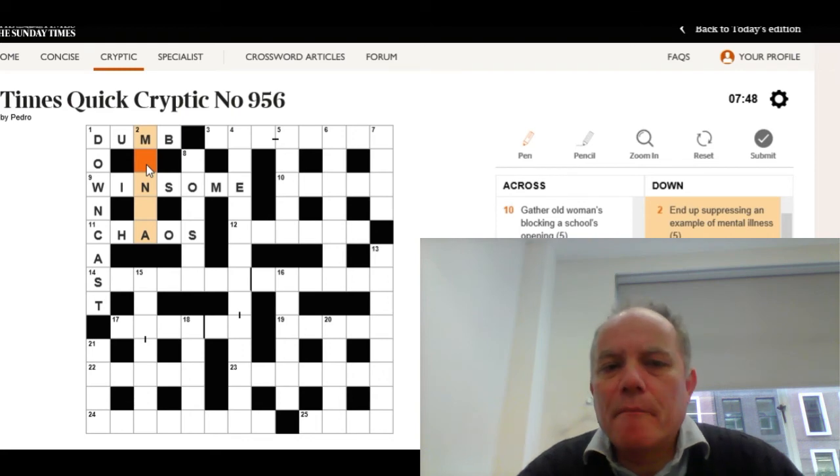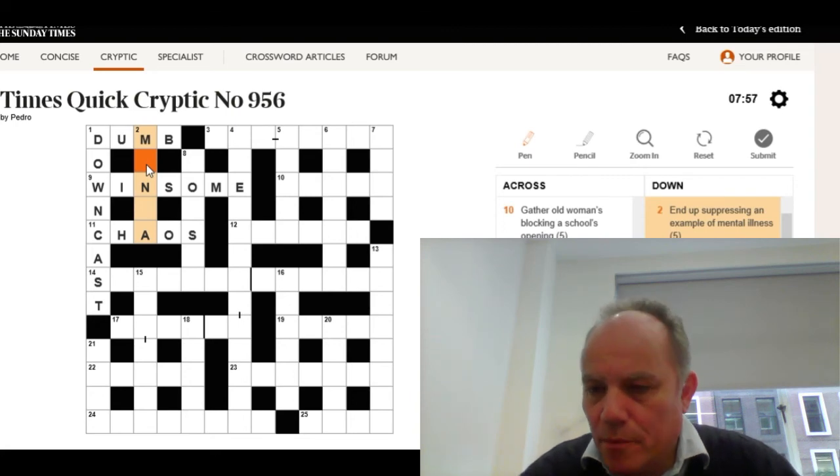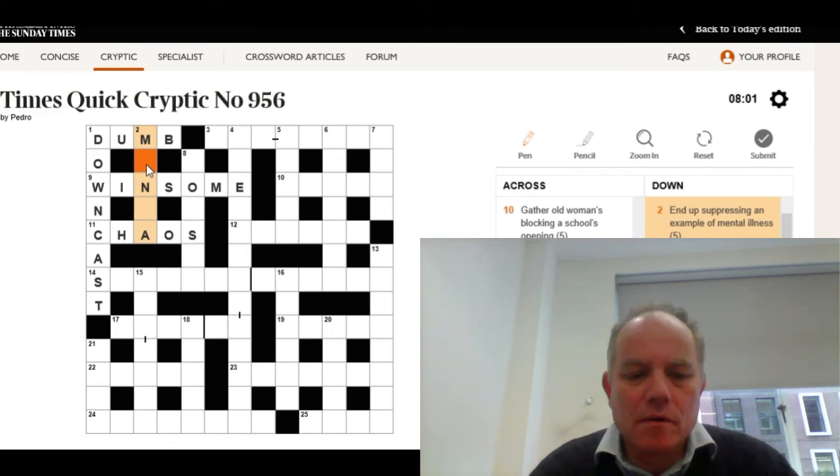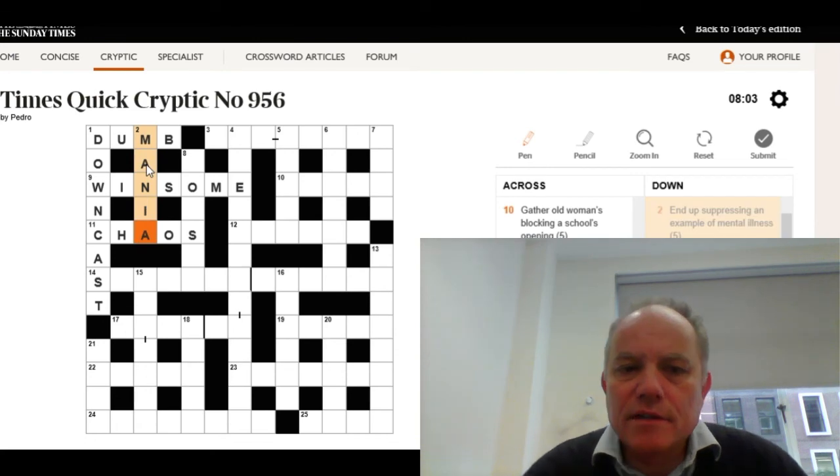So if you've thought of mania as the answer, you should be able to work out that the other letters apart from "an" are A-I-M if you write them upwards, and aim is an end in the sense of a goal. So that's the answer to 2 down, mania.